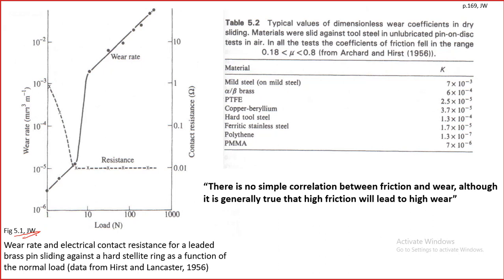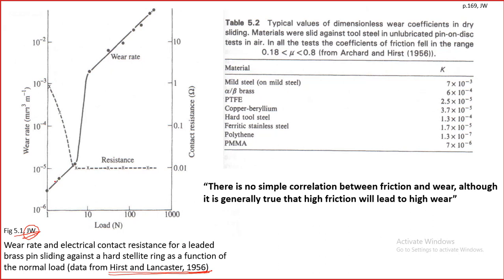This is from John Williams' book, figure 5.1, but the original data may be from somewhere else. I also write it here because we should give credit to the original authors of this work. This was Hurst and Lancaster in 1956, from a research paper.